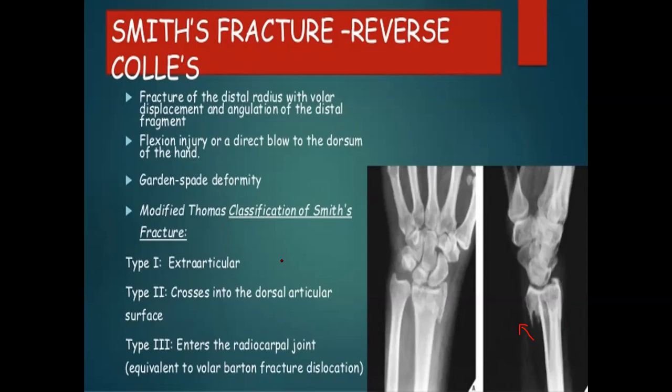So it's usually people that may not have the best motor skills to catch themselves. So like older people that maybe don't have really good neurologic response, or somebody that has a brain abnormality or had a seizure or something like that may end up with one of these Smith fractures.